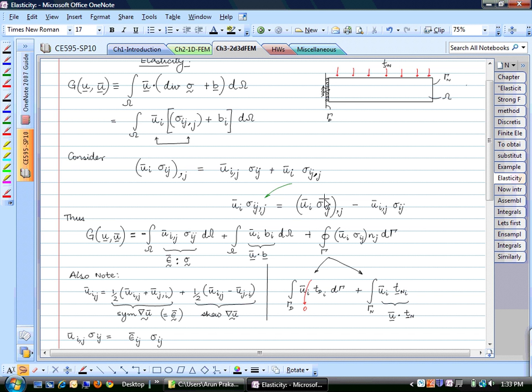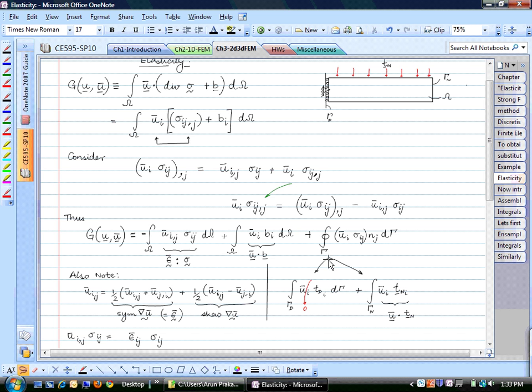You can see that the term inside the parenthesis is the same term, but instead of the derivative with respect to xj, we will have it dotted with the normal vector in the j direction. So this is the divergence theorem that is coming into play here.